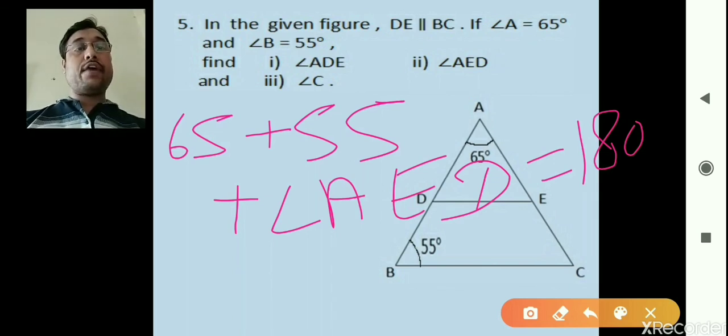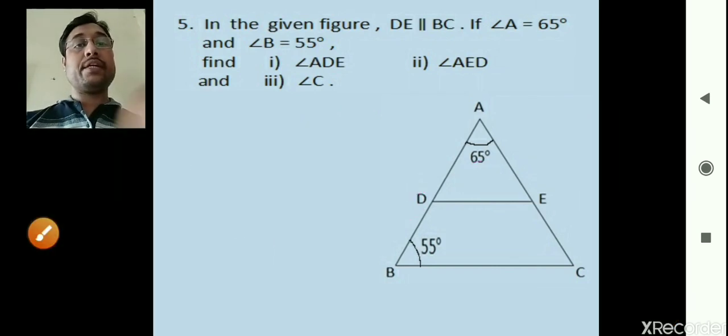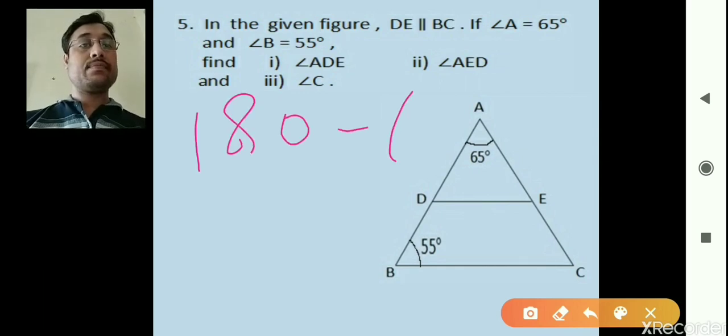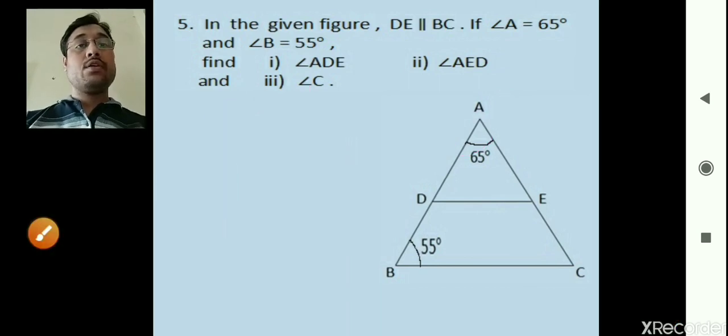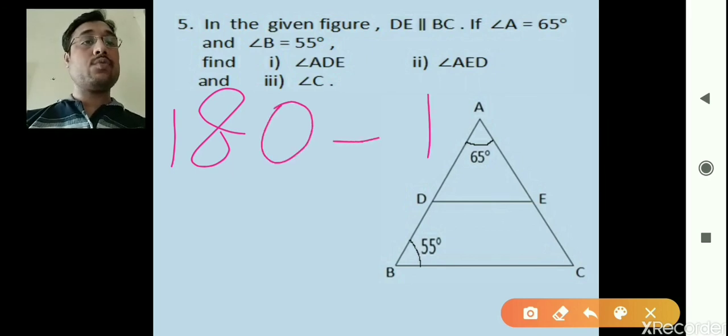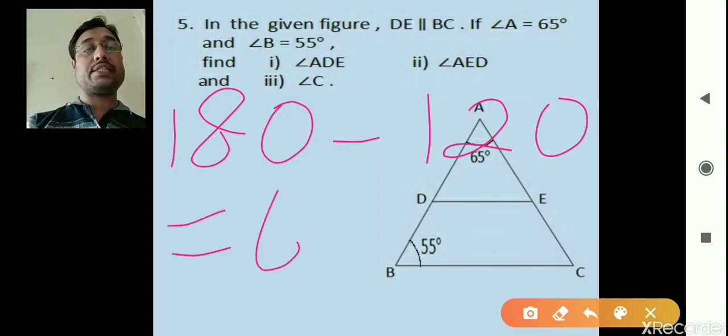Okay, 65 plus 55 is 120 degrees. So angle AED is 180 degrees minus 120, sorry, because this 65 plus 55 is 120, that means you will get 60 degrees.